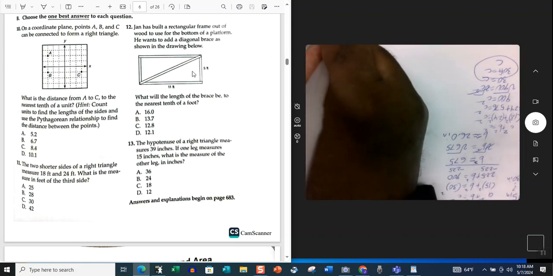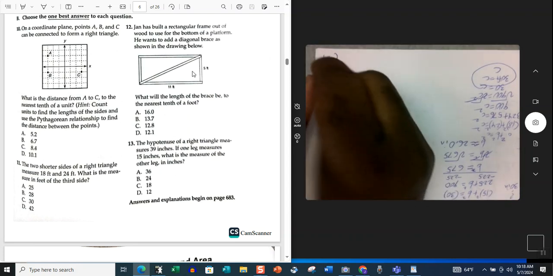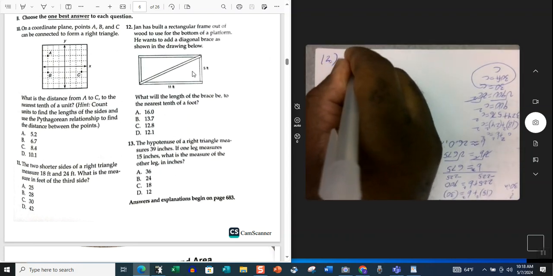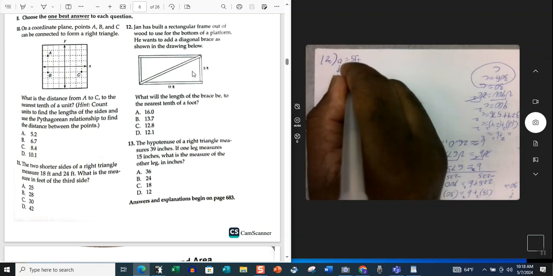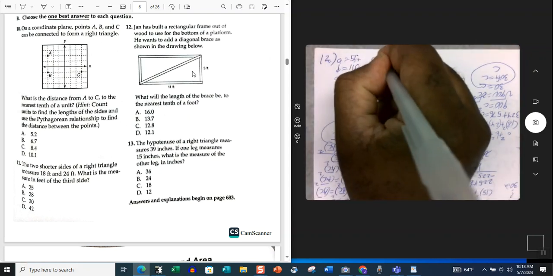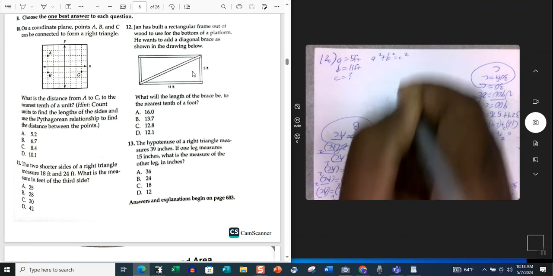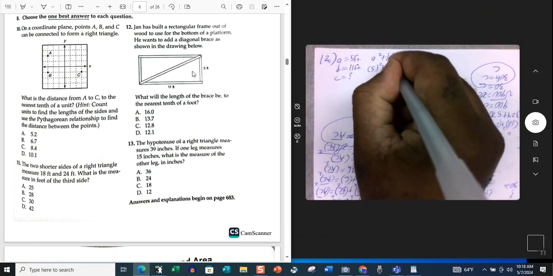So, for number 12, we had A is 5 feet. B is 11 feet. And C we don't know. Okay? So we had A squared plus B squared equals C squared. A is 5. B is 11.